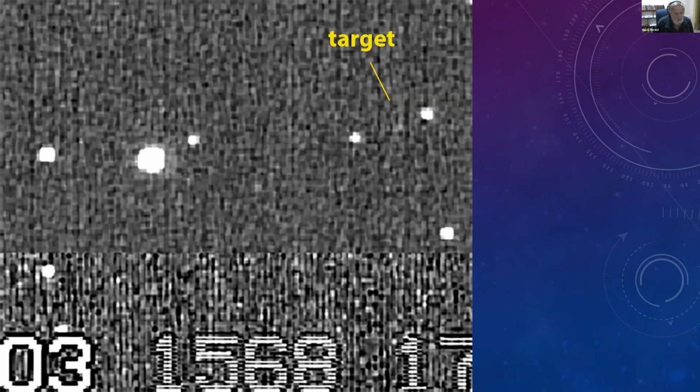So for dealing with noise for faint objects, I would strongly urge the use of an integrating camera. It makes a huge difference.